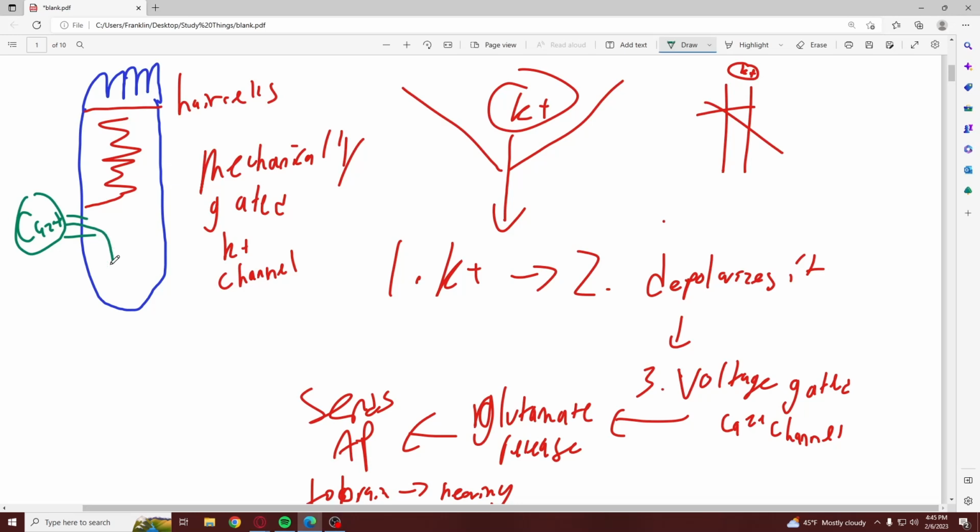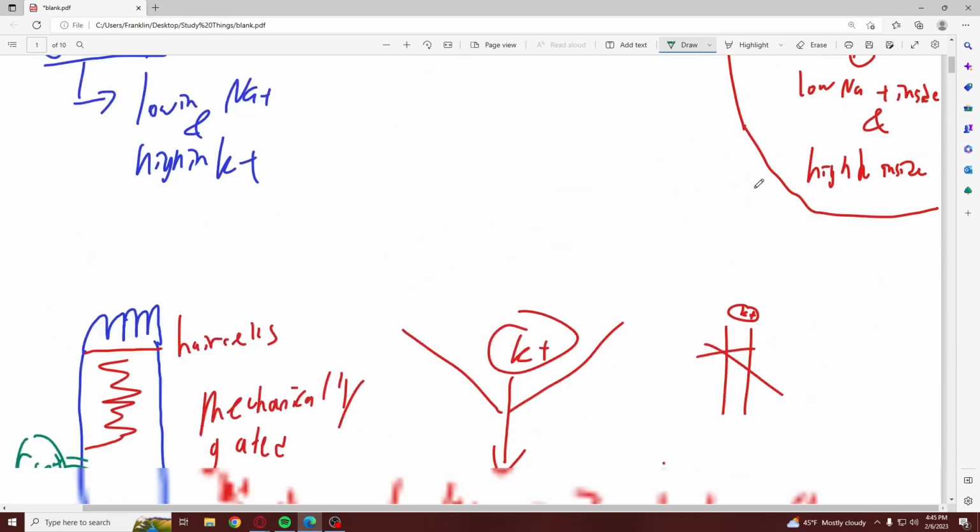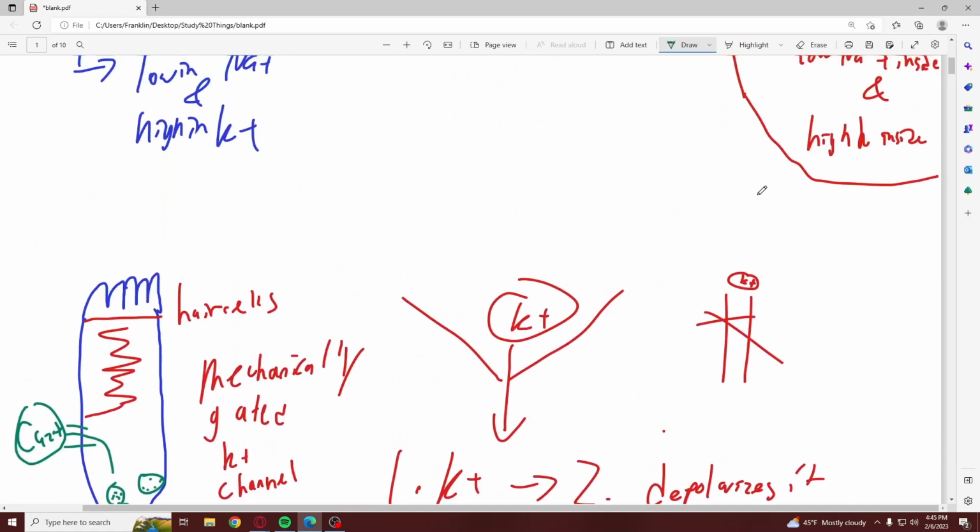Calcium comes in, allowing these vesicles of glutamate to bind to the cell membrane and release it, and then this goes to the brain, and your brain senses hearing. That's it. That's all that's necessary for the first exam.